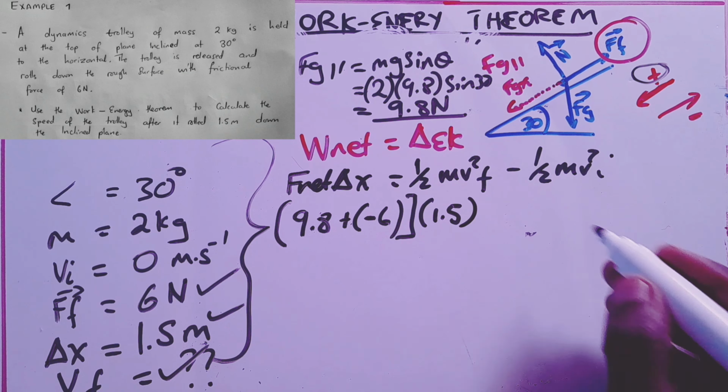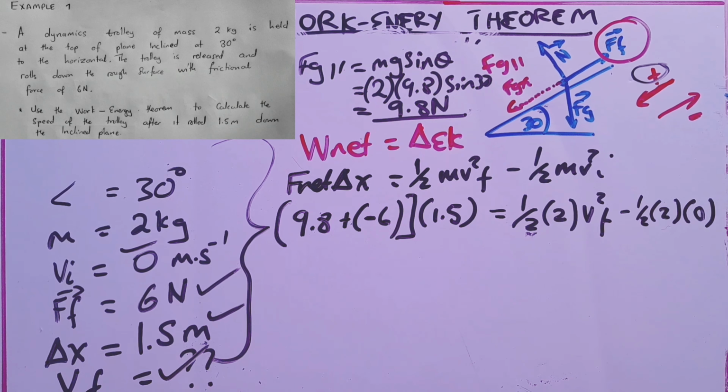This should be equal to half the mass being 2, v squared final, the one that we are trying to find, minus half 2 and then 0, because the initial velocity was 0 because this was released, right? So all this sums up to 0.